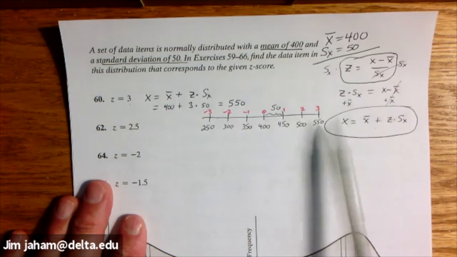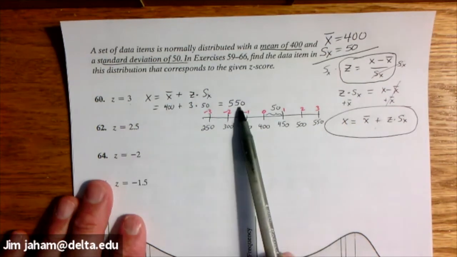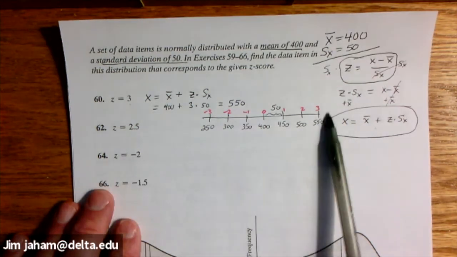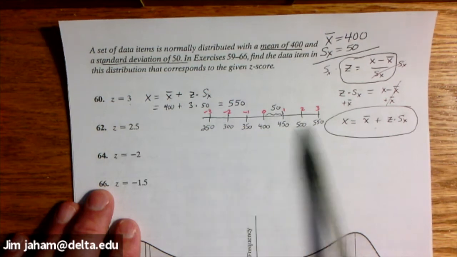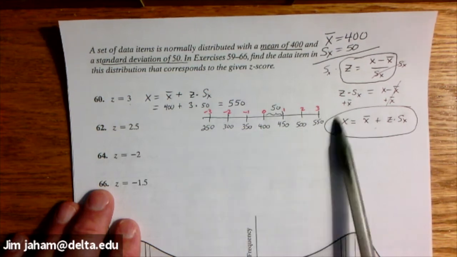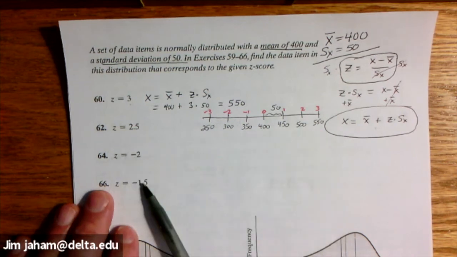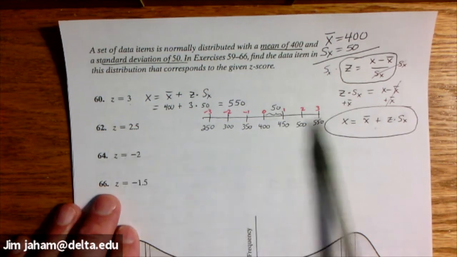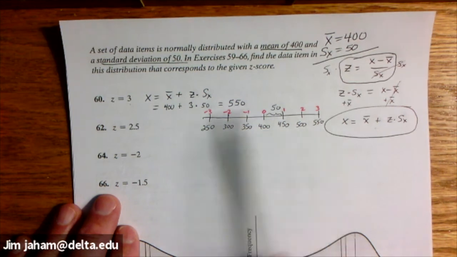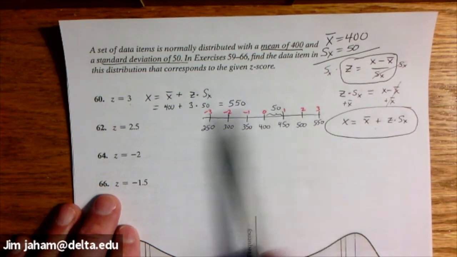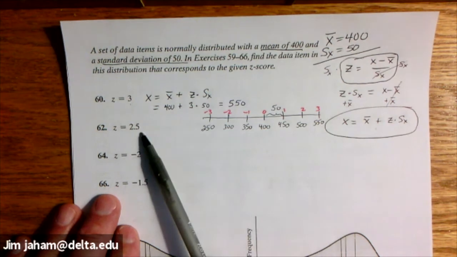And that's the same thing we found here. So I would encourage you to draw this scale every time for every one of these problems, because a lot of times you can figure out the answer to these very quickly if you have this scale here. So look at the scale here and then write down the data values in each case.